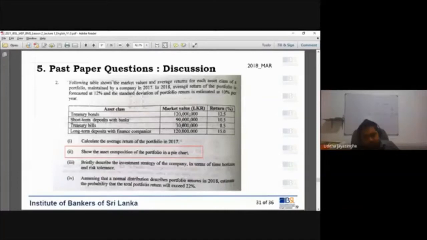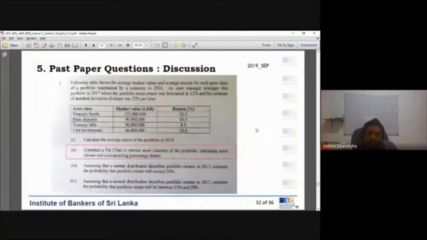So you have these values to be represented with the relative percentages. 2019 September, part number 2: construct a pie chart to present asset structures of the portfolio, indicating asset classes and corresponding percentage of shares. Pretty much similar in that. So now you see a trend also. Whenever there's a portfolio theory question, the examiner is trying to put up some more testing on the data representation.